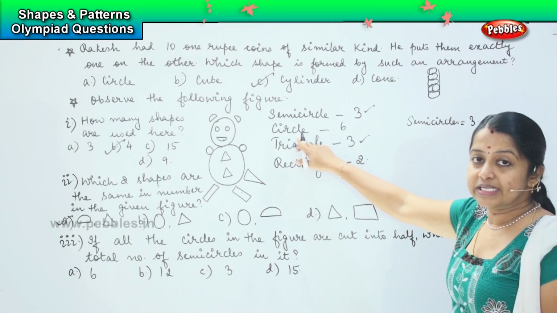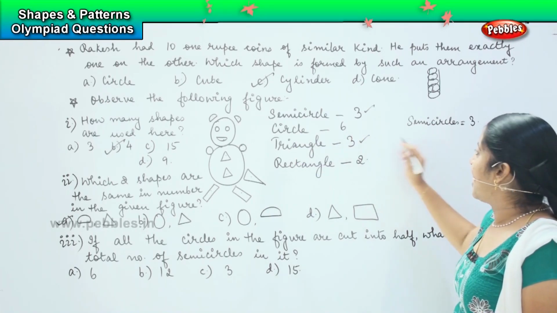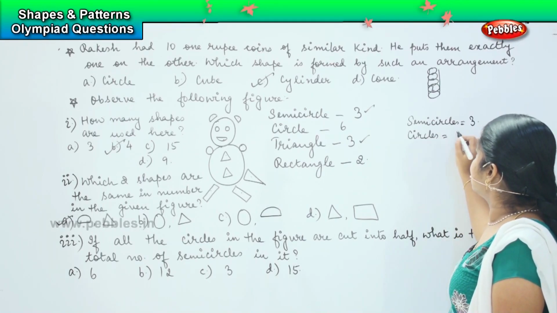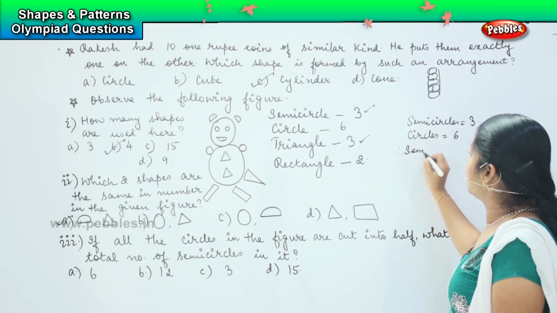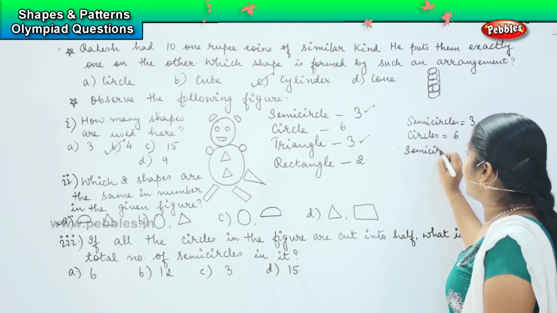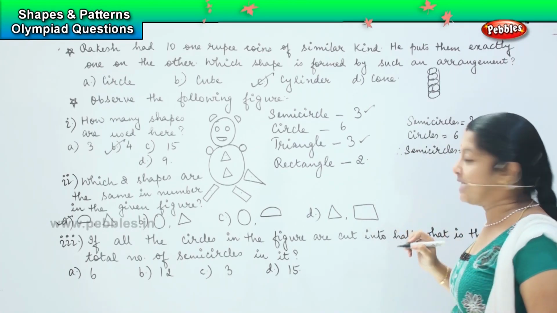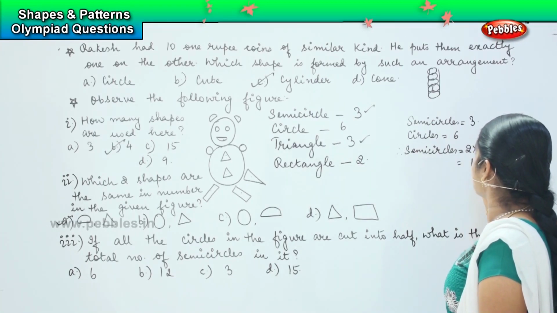Now, if the circle is divided into half, and I am having 6 circles, when they are converted into semicircles, you need to multiply by 2, right? Because 2 semicircles will make a single circle. So 2 into 6 is equal to 12.